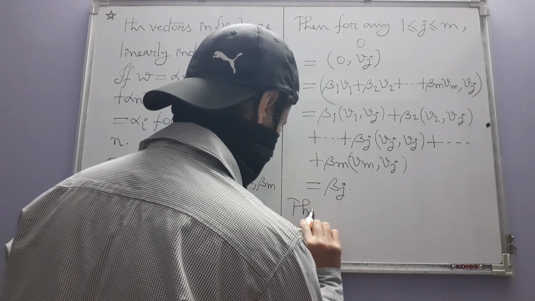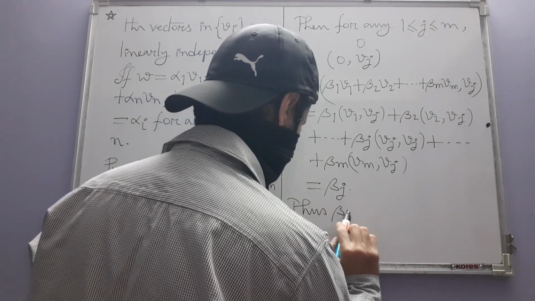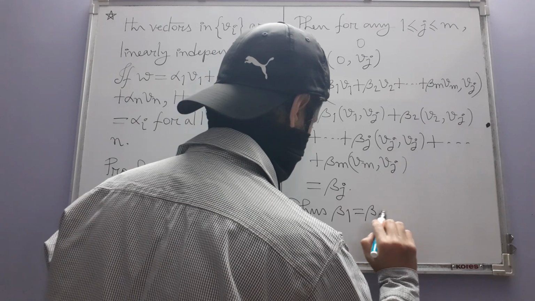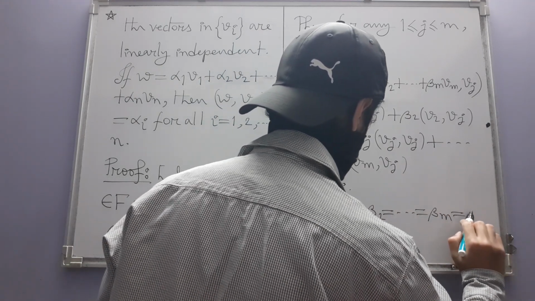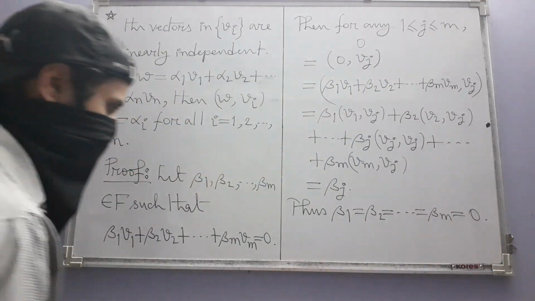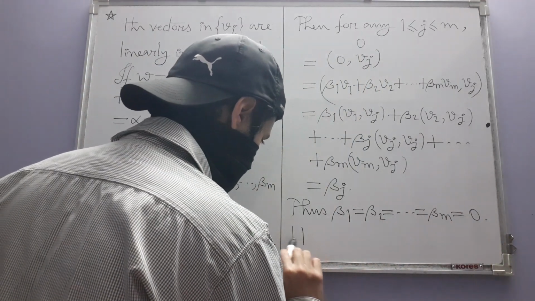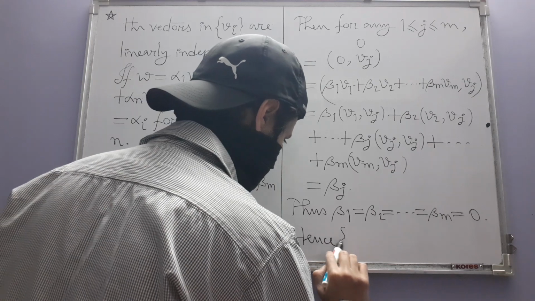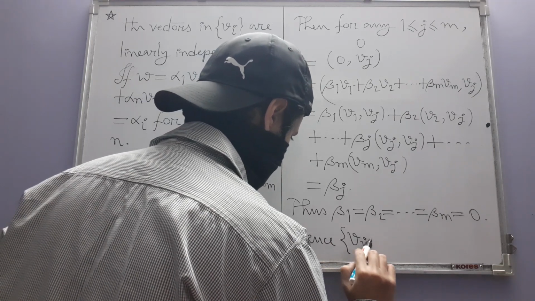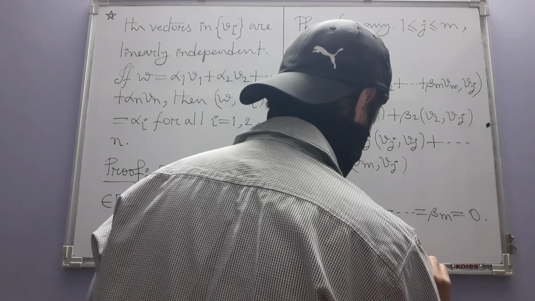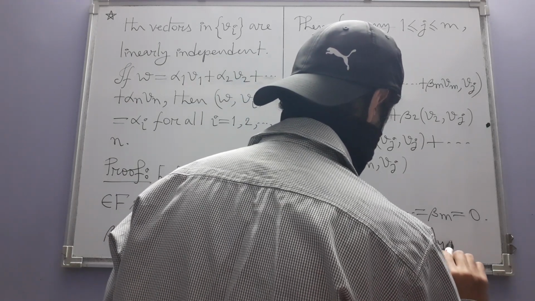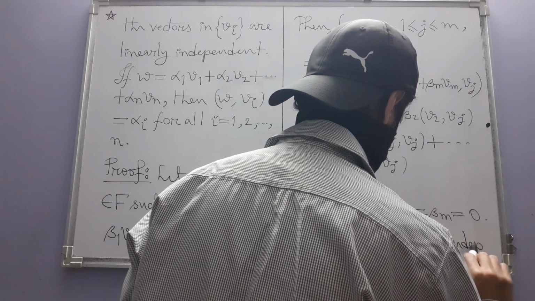Thus, beta 1, beta 2, all of these things are 0. Hence, our set of vectors is linearly independent.